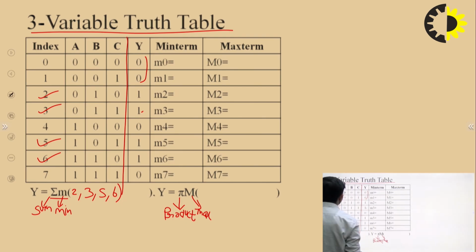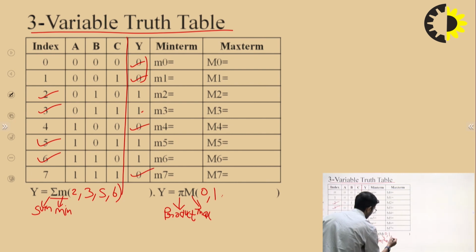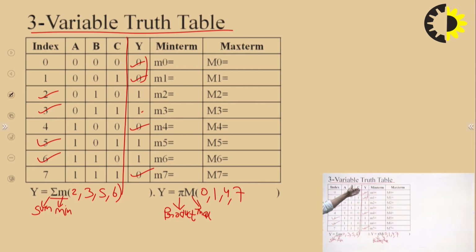So output is 0 at 0, 1, 4 and 7. So max terms are 0, 1, 4, 7. In case of min terms, we write the terms containing 1. For the max term, we write the terms containing 0.